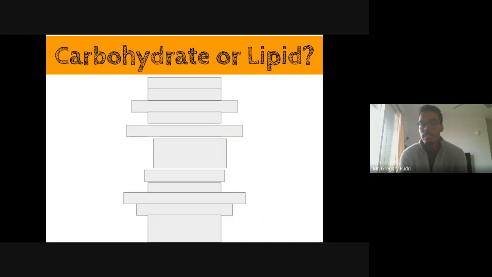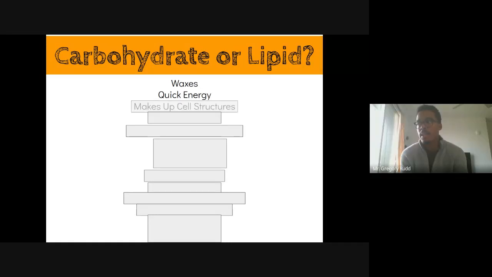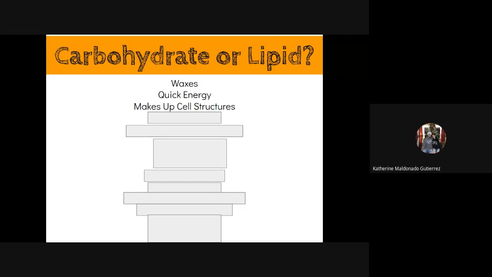Okay, so based on the table you just copied, and based on our conversations from yesterday, let's see if we can classify the following as being carbohydrate or lipid. Waxes, would that be a carb or a lipid? Lipid. Excellent. What about quick energy? Carbohydrate. Good. What about makes up cell structure? Carb.